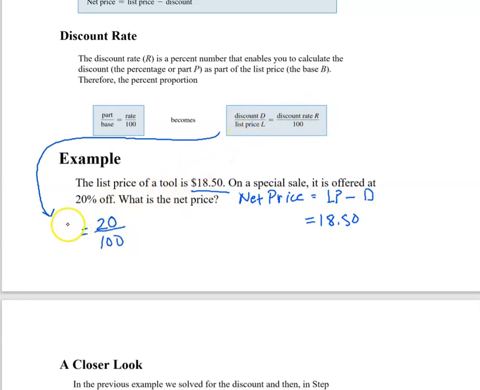Now our discount is what we don't know, but we do know that the list price is $18.50. So if we use cross multiplication, we're going to have 100 times the discount is equal to $18.50 times 20.